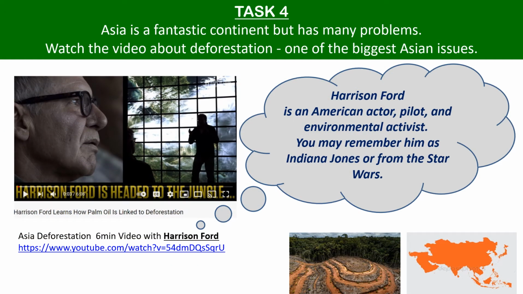So task number 4, okay, this is a short documentary I'd like you to watch with Harrison Ford. So he is not only an actor, you might have seen him in Indiana Jones or possibly Star Wars. He's also an environmental activist, okay, and he is looking at the deforestation that is happening in Indonesia.